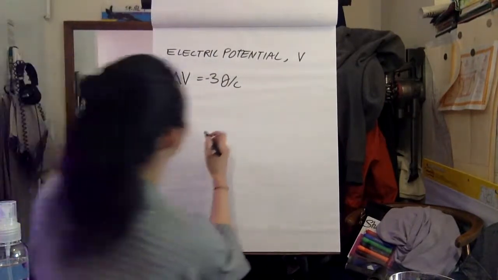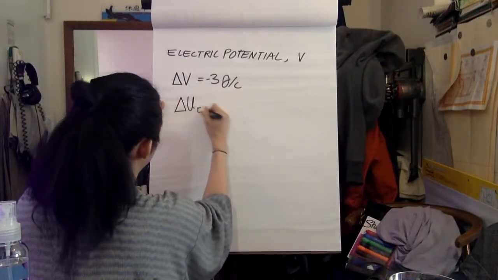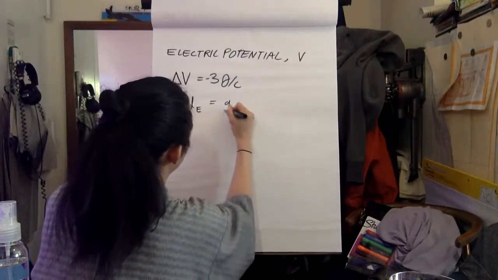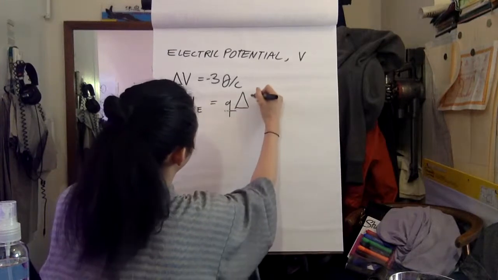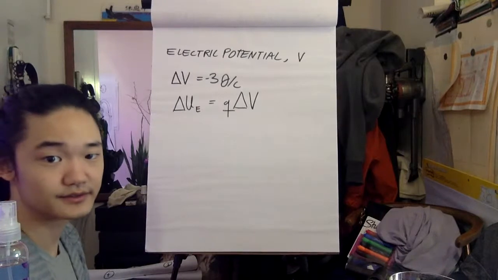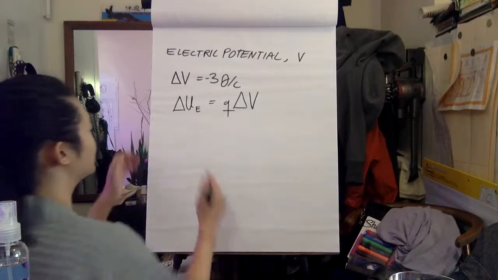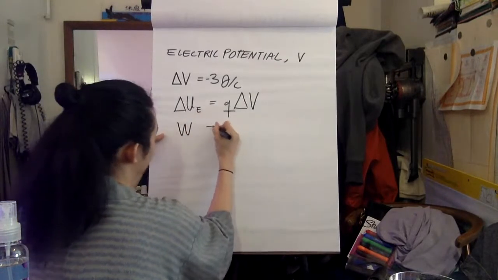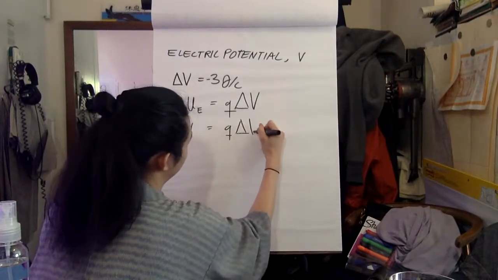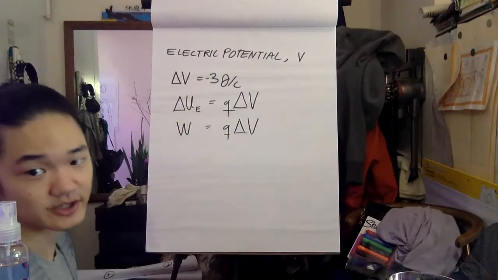The formula we're going to look at is that the change in electric potential energy is equal to the charge times the change in potential that it experiences. That's the biggest formula you gotta know. Other textbooks write this as work. The work done by the electric force or the electric field is Q times delta V. That's because the work is going to equal the change in electric potential energy.